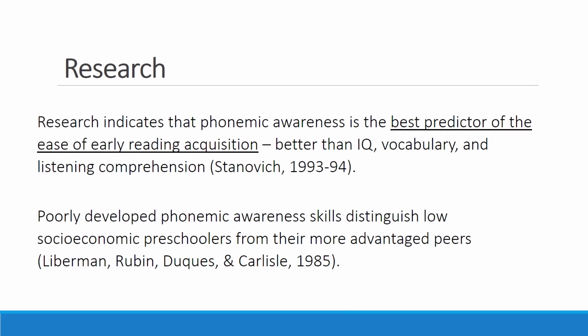Let's take a look at some of the research that has been done specifically on phonemic awareness. Research indicates that phonemic awareness is the best predictor of the ease of early reading acquisition, better than IQ, vocabulary, and listening comprehension. Poorly developed phonemic awareness skills distinguish low socioeconomic preschoolers from their more advantaged peers.